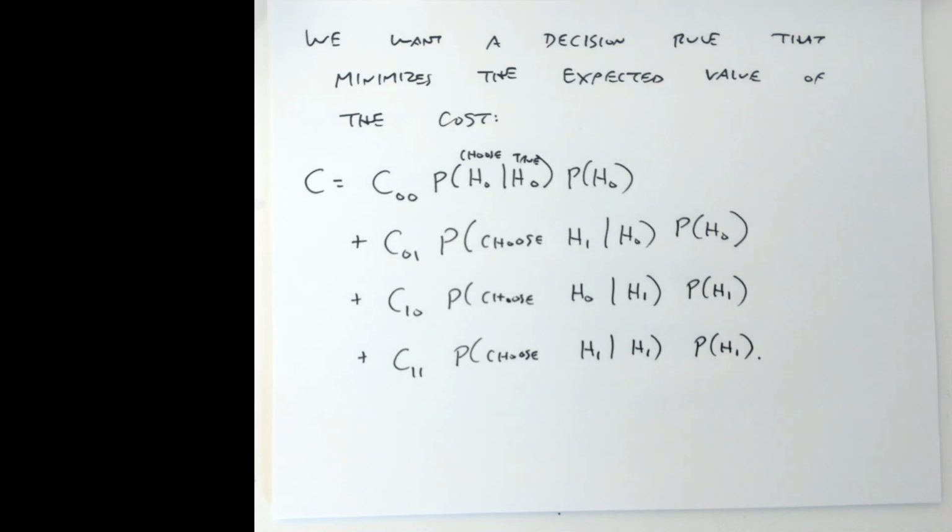So now I can decide what I should do. I can crank through the derivation, and I find that the test resembles the likelihood ratio test, except it's a different thing on the right-hand side.